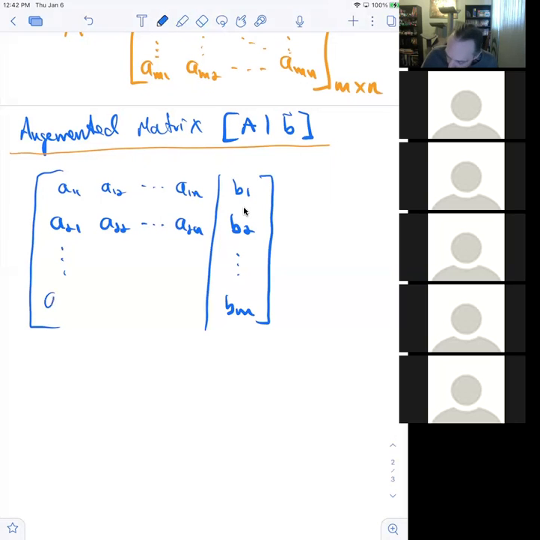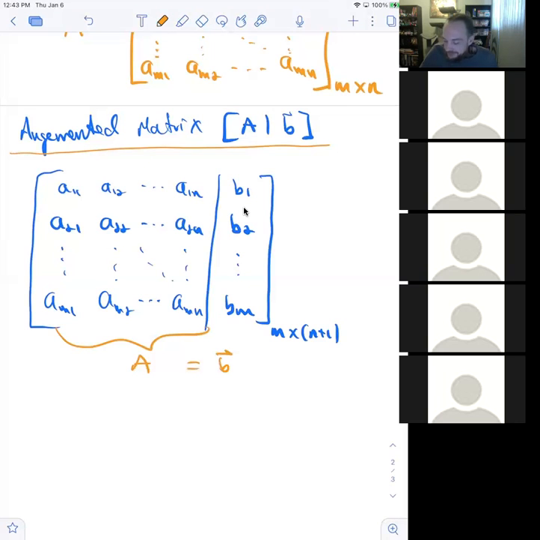Where this is AM1, AM2, AMN. Technically, this is M by n plus 1 because we have the extra column vector. This is A right here equals the B vector.